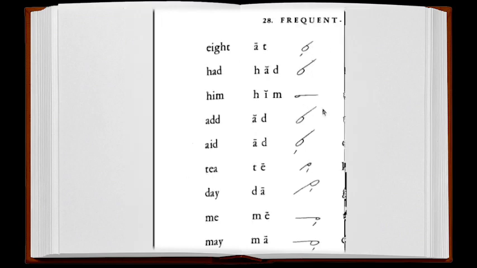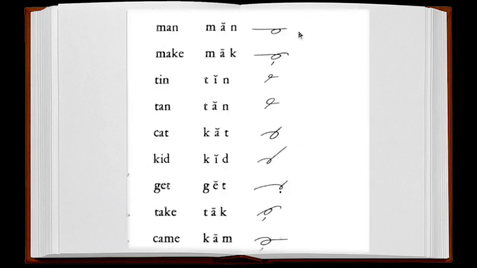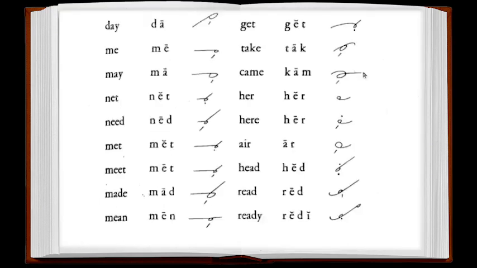Here's a frequent word drill. Ate, had, him, add, aid, tea, day, me, may, net, need, meet, met, made, mean, man, make, tin, tan, cat, kid, get, take, came, her, here, air, head, read, ready. Here's a note.